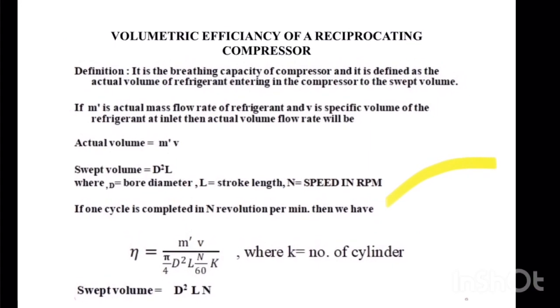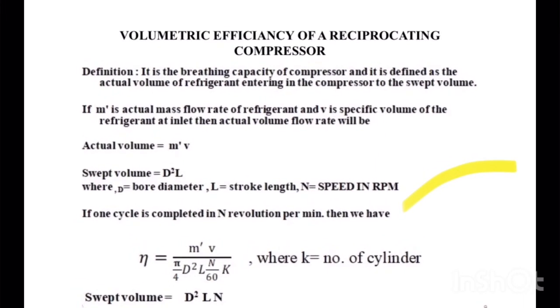Then we also need to calculate the volumetric efficiency of the reciprocating compressor. First we need to define what the volumetric efficiency of the compressor is. Here we are talking about the reciprocating compressor, because most of the compressors used in refrigeration systems are reciprocating, not all, but most. Like the hermetic compressor, it is also a type of reciprocating compressor.